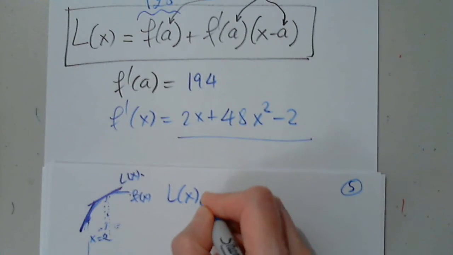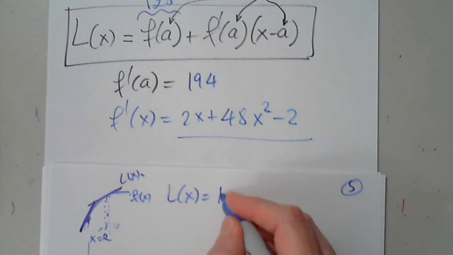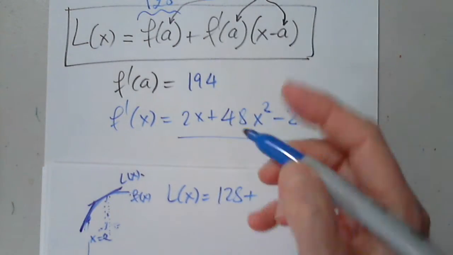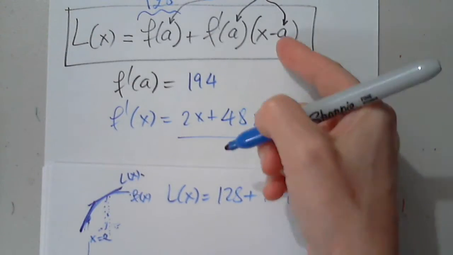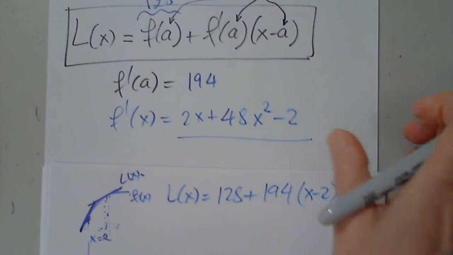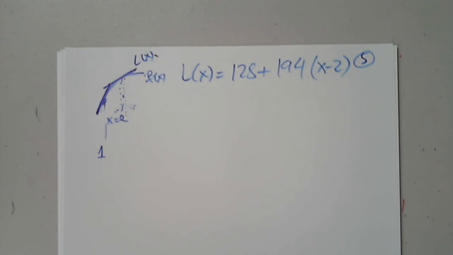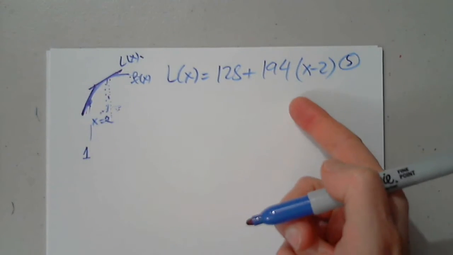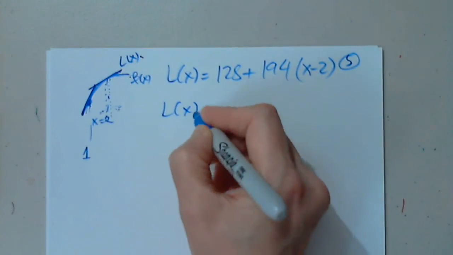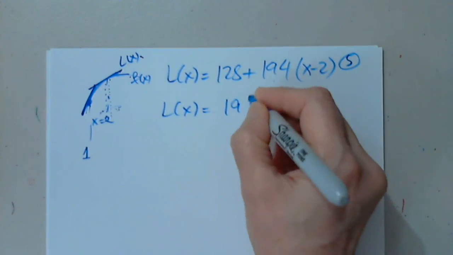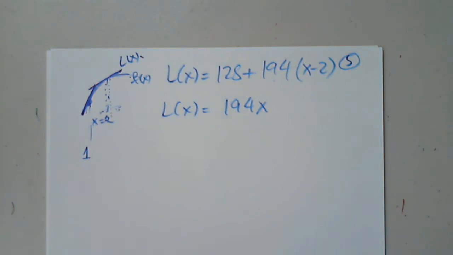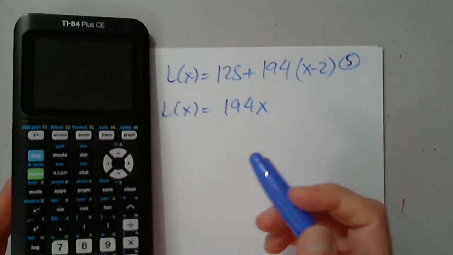So L of x will be 128 plus 194 times x minus 2. I cannot leave it like this. I have to find the linear function, so I have to distribute. So L of x will be 194x and then minus, because I have the calculator here, this is just multiplication.